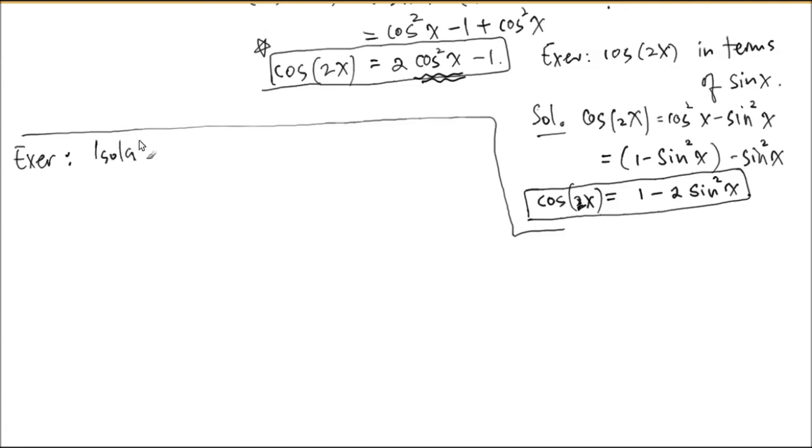Isolate cosine squared x and sine squared x in the cosine 2x formula. Does that make sense? You're looking at this cosine 2x version here, isolate cosine squared, cosine 2x version here, isolate sine squared, and you have 2 different versions of this. That's your exercise.